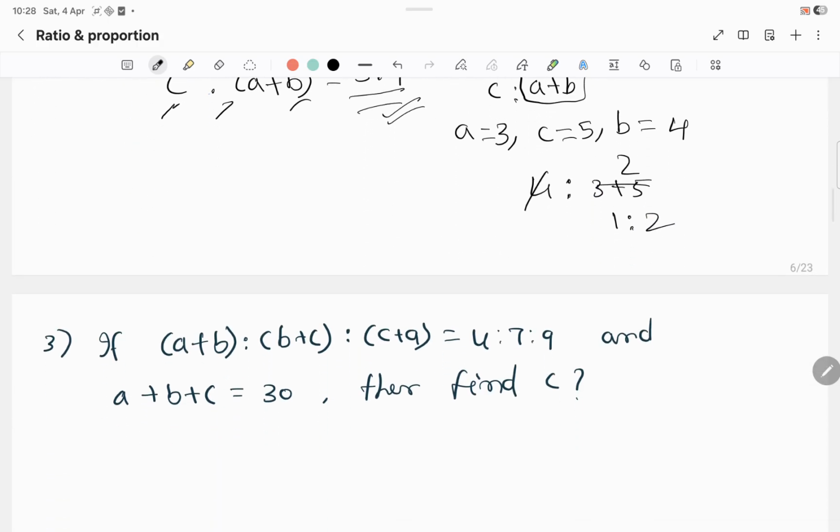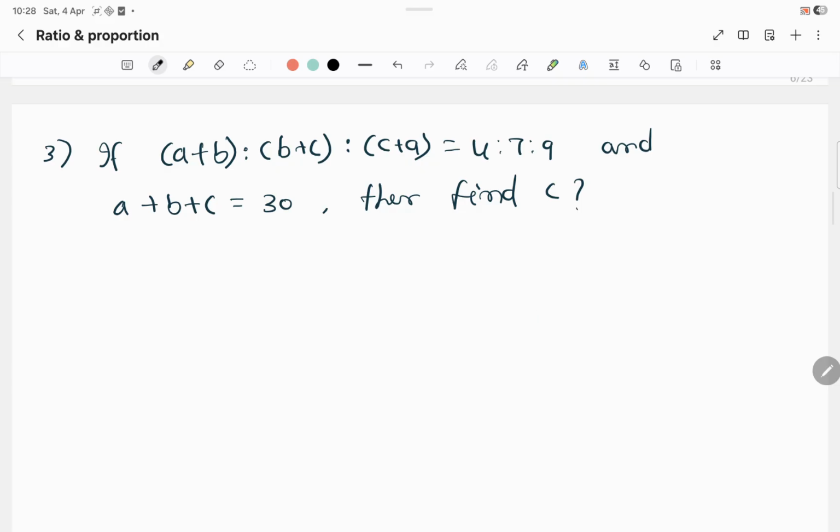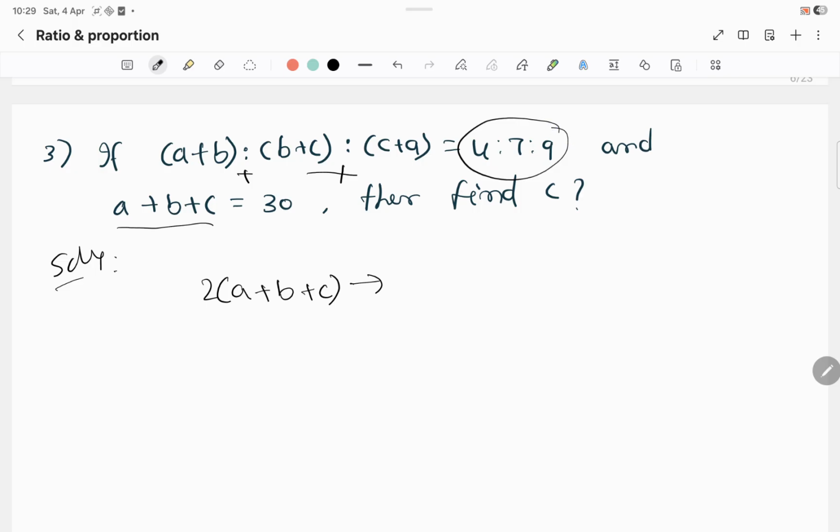Hope you understood this. Then next, if A plus B is to B plus C is to C plus A is equal to 4 is to 7 is to 9, then A plus B plus C is equal to 30. So suppose if I add all these parts, A plus B plus B plus C plus C plus A, everything is 2 times. 2 into A plus B plus C. How many parts is it? 4 plus 7 plus 9, 20 parts.